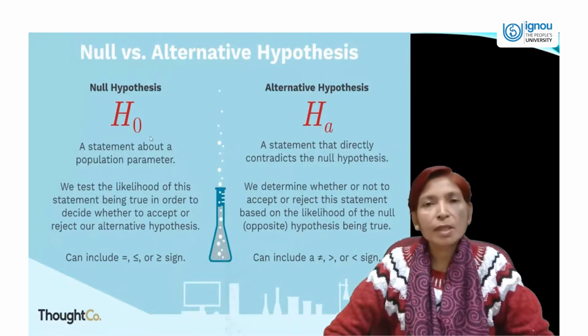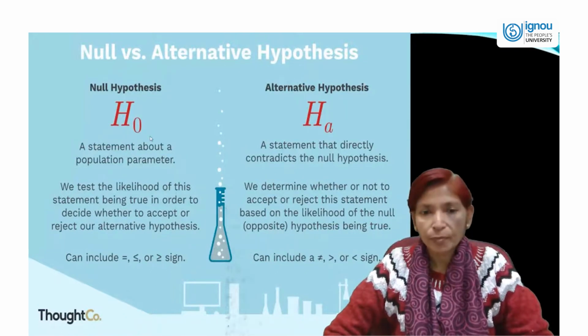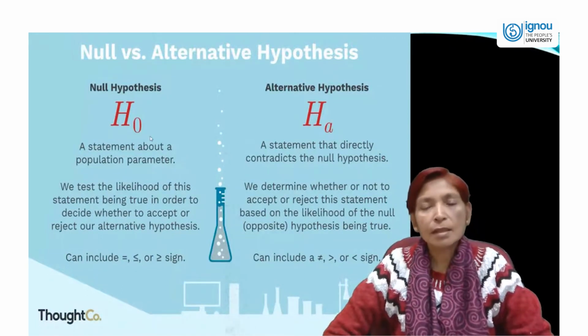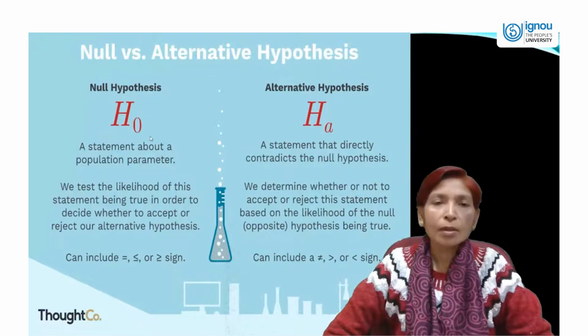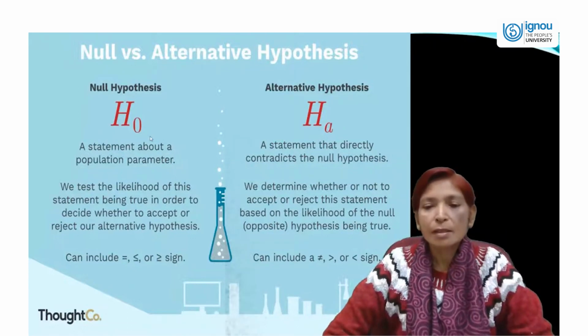What is the meaning of the alternative hypothesis? It's a statement that directly contradicts the null hypothesis. We determine whether or not to accept or reject this statement based on the likelihood of the null hypothesis being true.